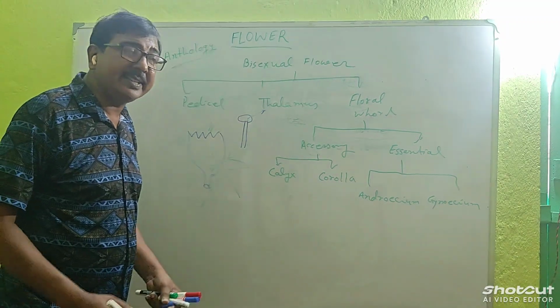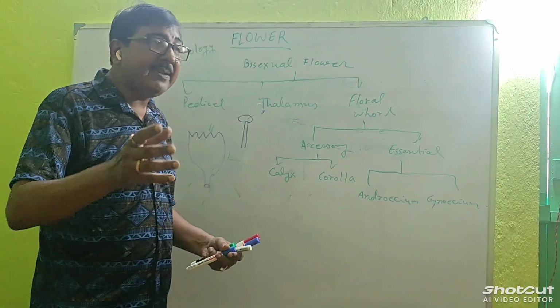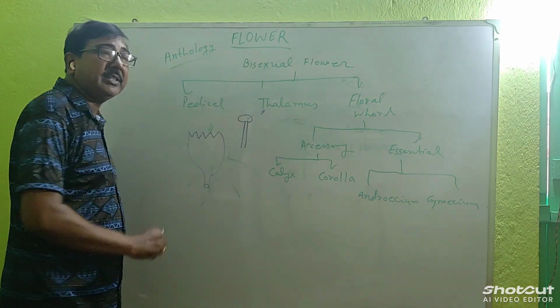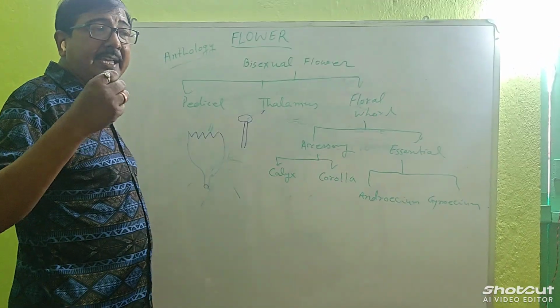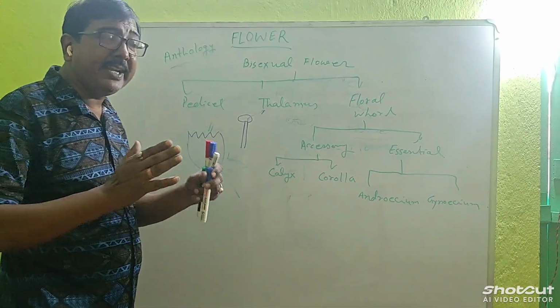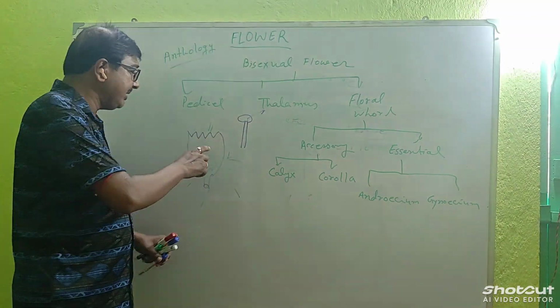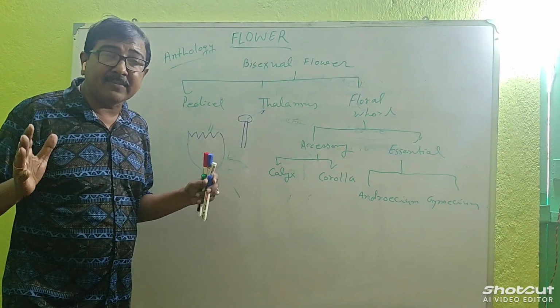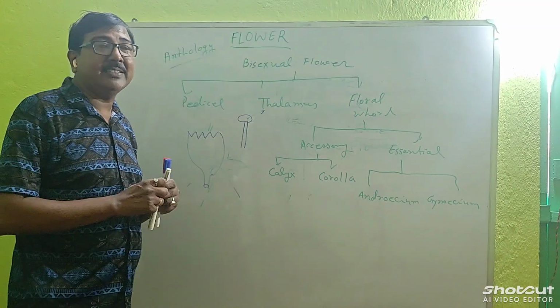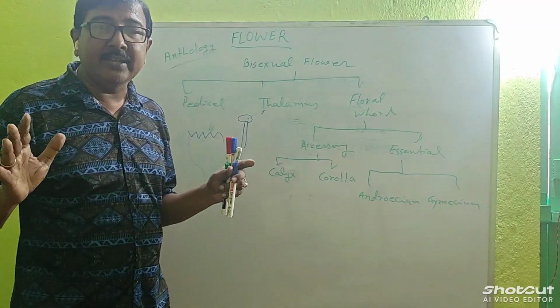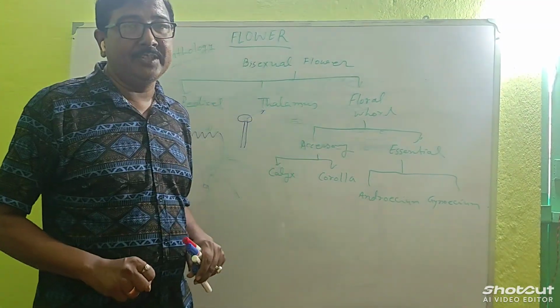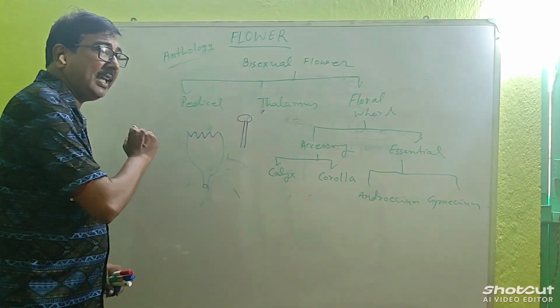If the sepals are attached to each other, it is called gamosepalous. If they are separate from each other, it is called polysepalous. And what is the function of the calyx? It helps in photosynthesis and also protects the flower.